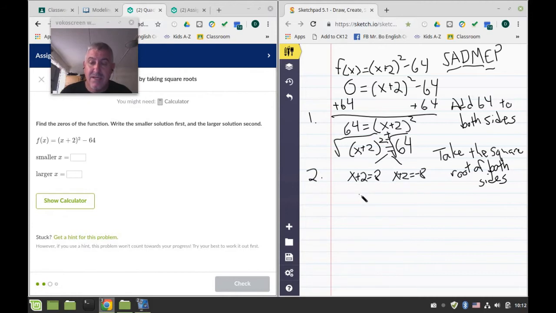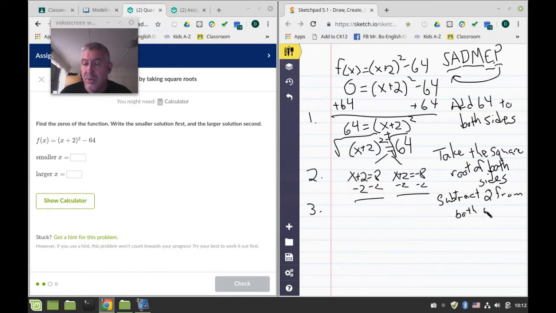result. Okay? And then number 3, because we broke this parenthesis up here, we're going back to the beginning. Subtract. Okay, and my step I'm going to call subtract 2 from both sides.